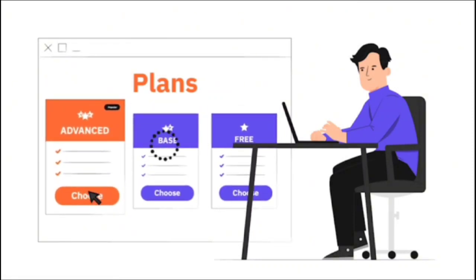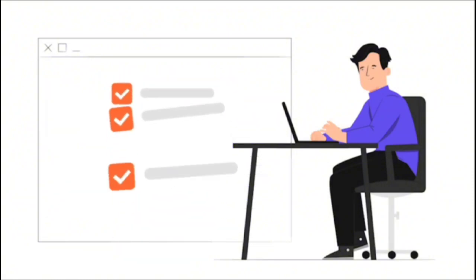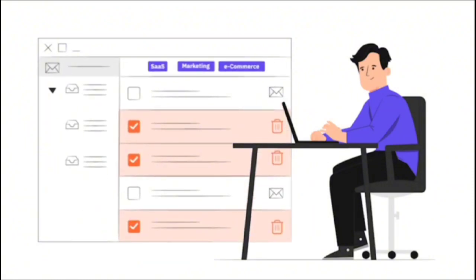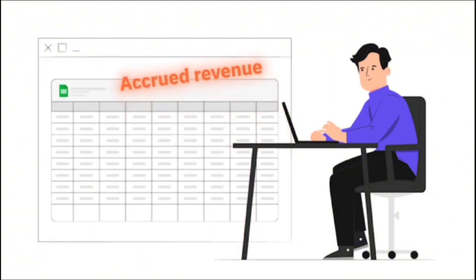So they log into their account and add some advanced features to their subscription. They get instant access to these features. They can start scheduling more emails, segmenting their audience, and more. But even though they have access to those features, they don't pay for them immediately. In fact, they won't pay for them until their next monthly payment. During this time, you record these add-ons as accrued revenue. When you receive the money at the end of the month, it becomes realized revenue.